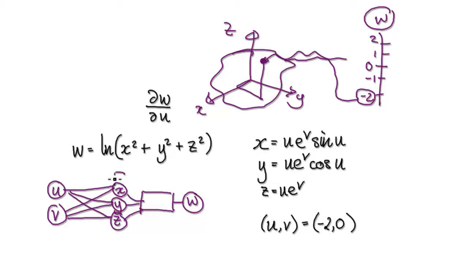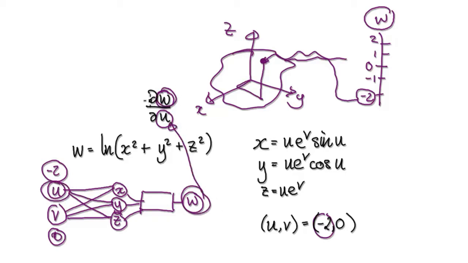So you always know where the particle will be from these two variables. We want the partial derivative of w with respect to u at this location, -2. So this would be -2 and this would be 0, and this would be 0.